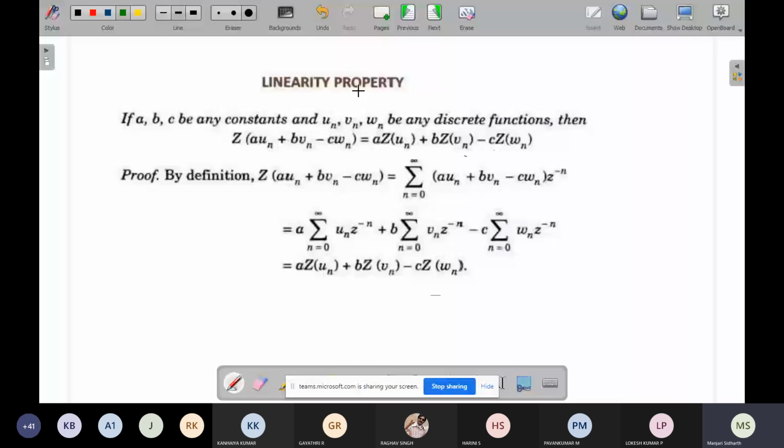It's like an operator, like we have a differential operator, an integral operator, and now this is the z transform operator. So operator means linearity property.